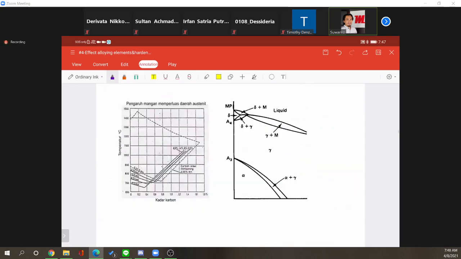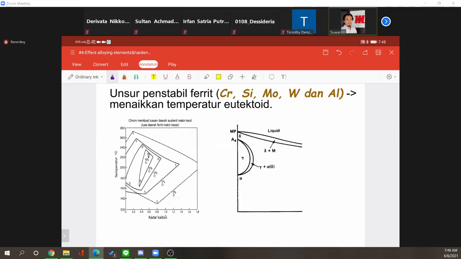So let's see the real image of it. This is chromium. Please focus on that. If you have zero chromium here, you have a normal situation where the eutectoid percentage of carbon is 0.8. So you have 0.8% carbon where it can transform with eutectoid transformation, from austenite into pearlite.